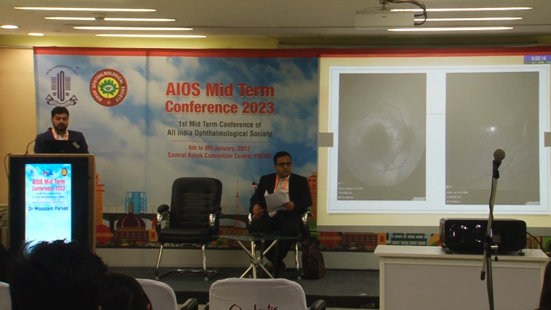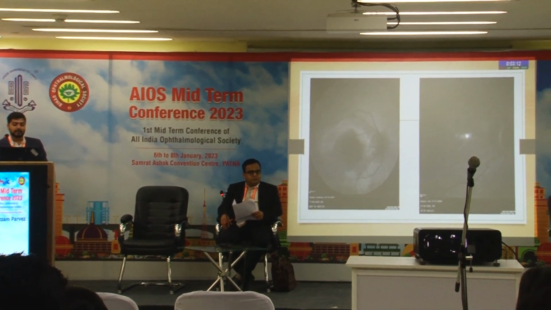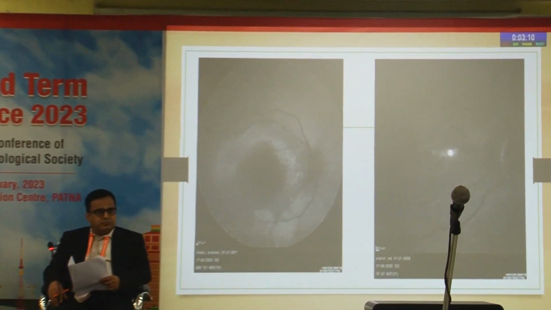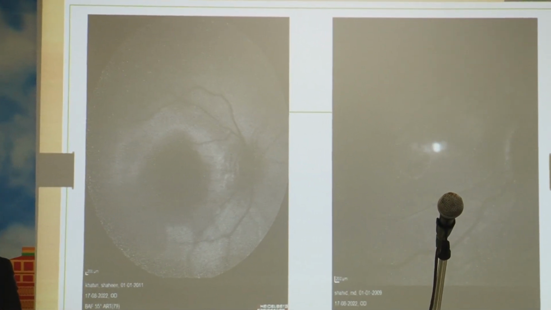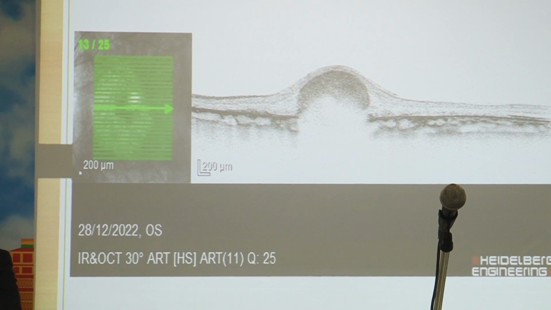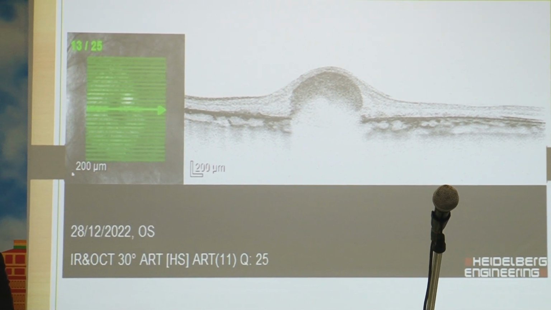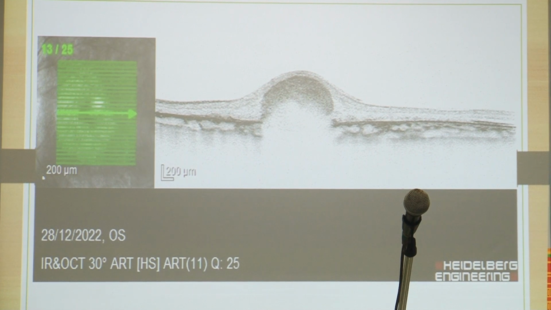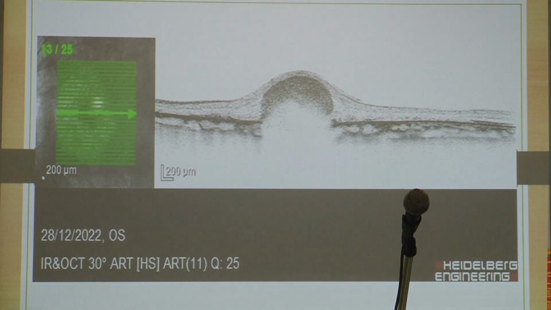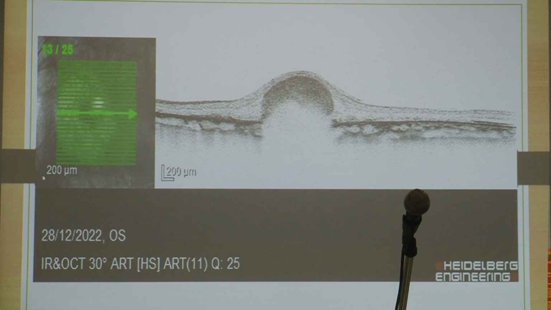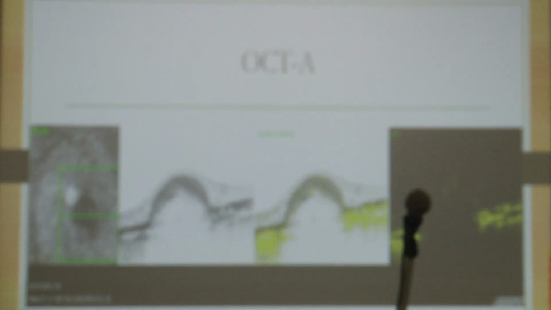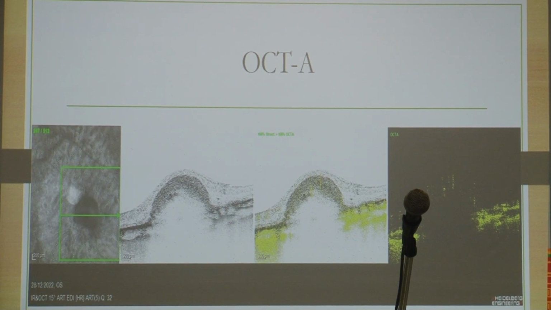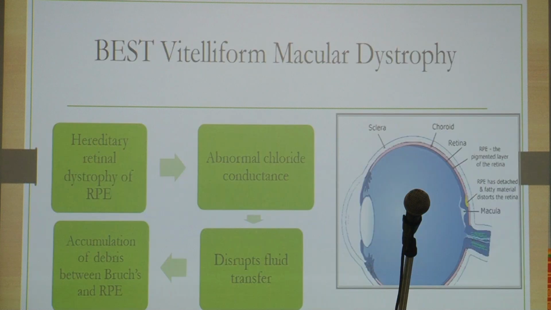This is the fundus autofluorescence, again showing macular hyperfluorescence and punched out lesion. OCT showed RPE lipofuscin deposits in the punched out lesion and RPE abnormality. OCT-A was done for this patient, correlating the findings which were found previously in all the 4 kids.